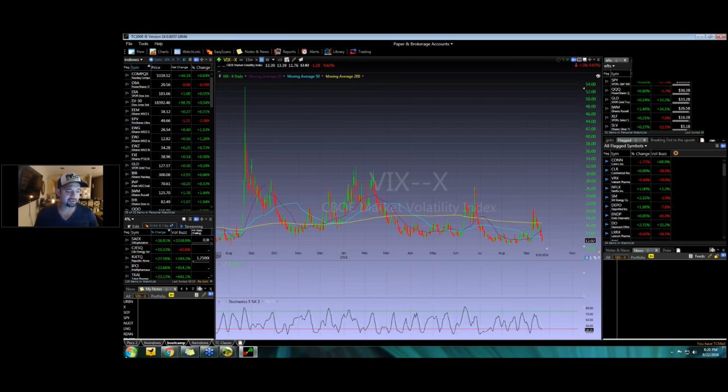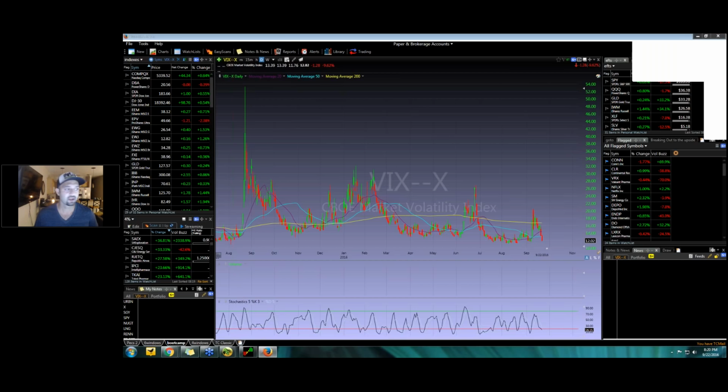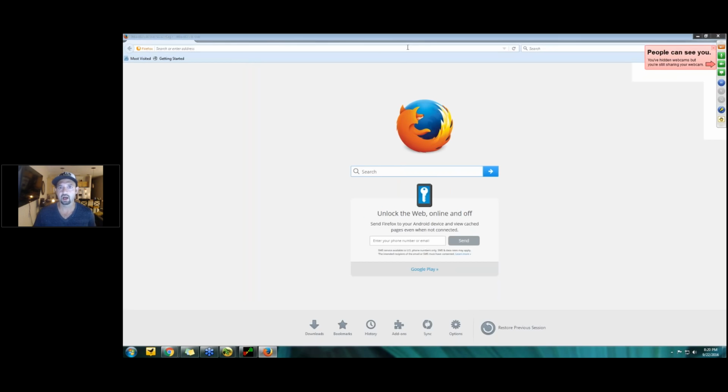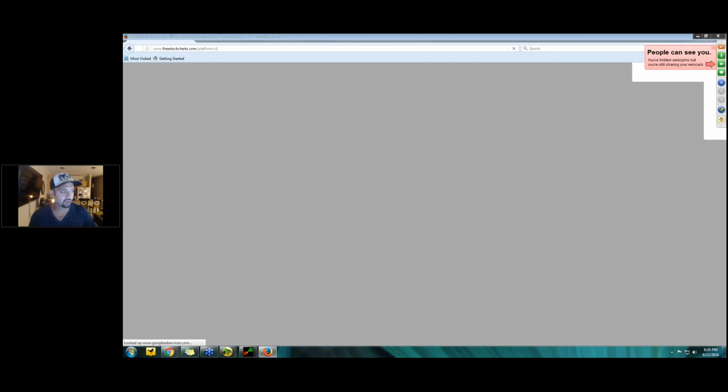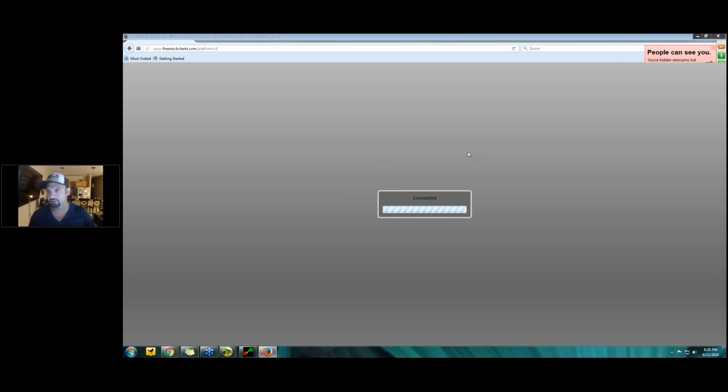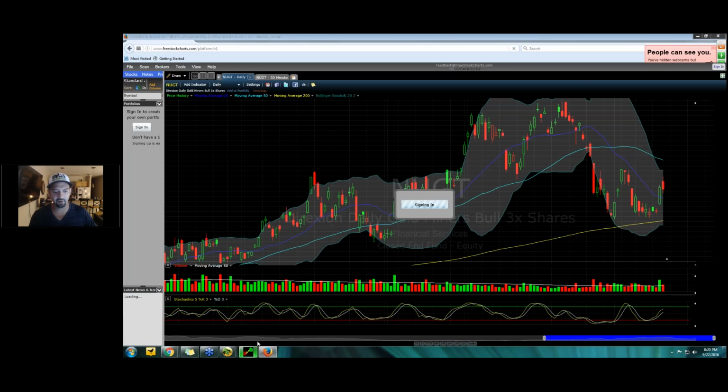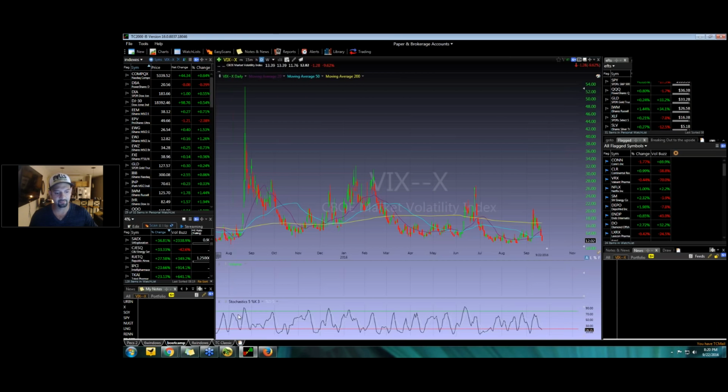So this TC2000, they have a free version of it that's pretty good. It'll look just like this. You guys can all go on here. It only works with Internet Explorer and Mozilla, but if you go on freestockcharts.com, you can hit this run free version, and you can make your charts look just like mine. This is just the free version of what I'm using.